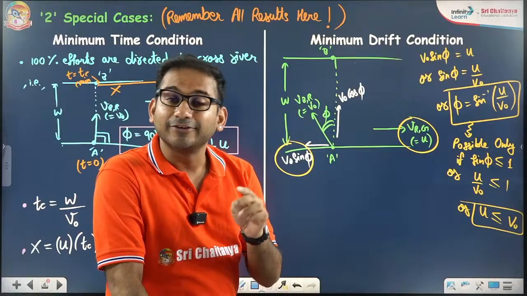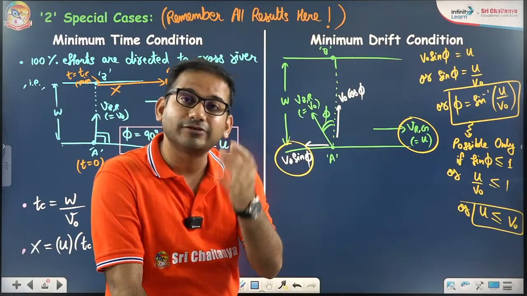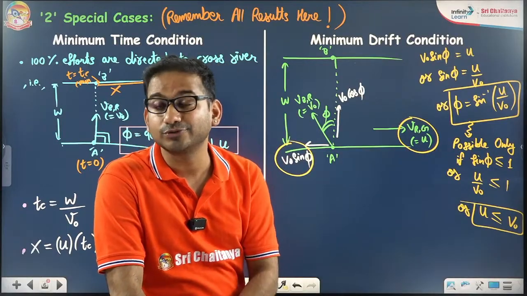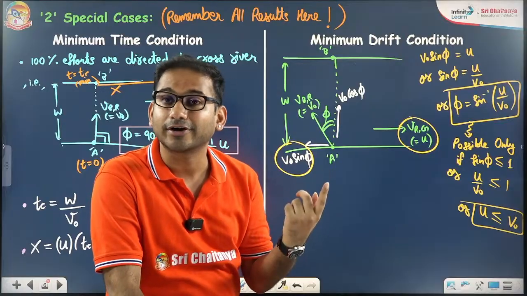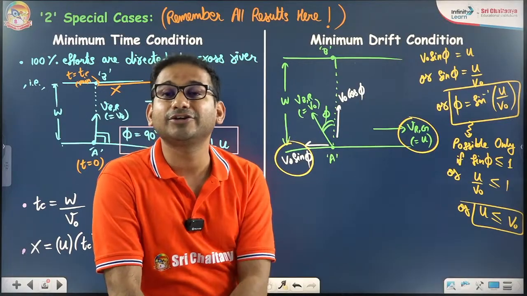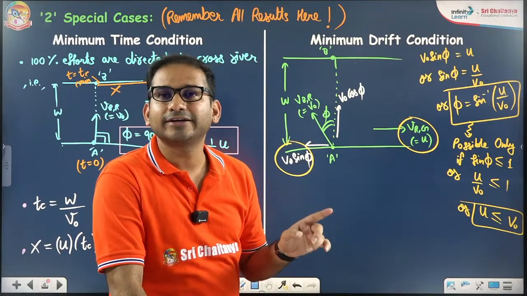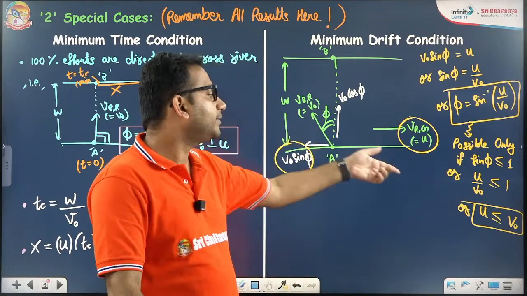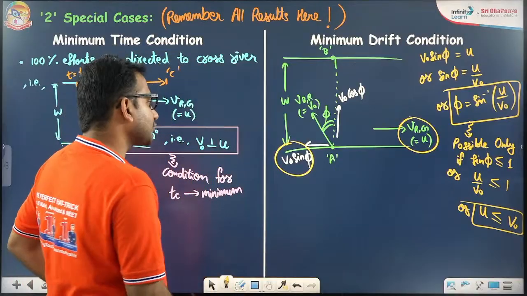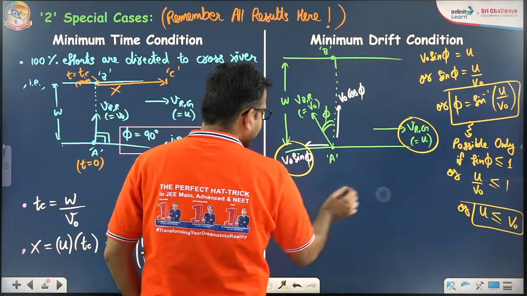I repeat, if the river is more powerful, then wherever you move with whatever velocity, since the river is stronger, it will make you drift in its direction. If you don't want any drift, then naturally the swimmer or boatman should be stronger. And then the two conditions here.